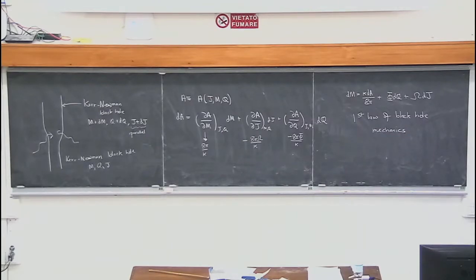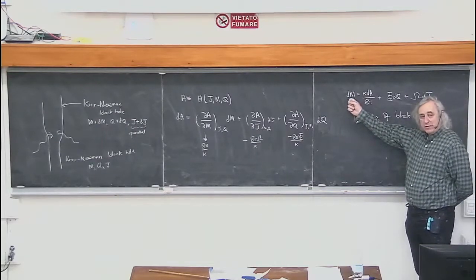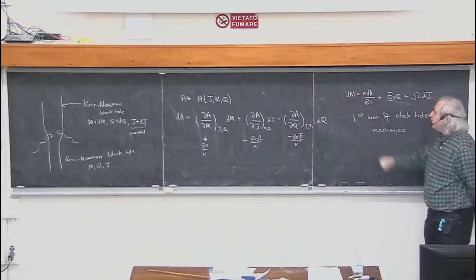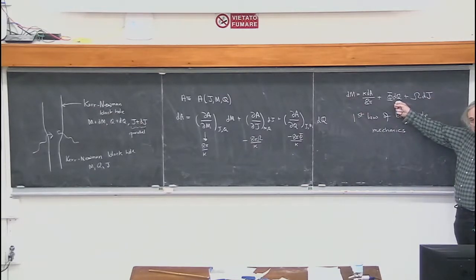A physical interpretation of this is what was asked about a little bit earlier. dm is a change in the total energy of the system. Phi dq is the change in electrostatic energy of the system.